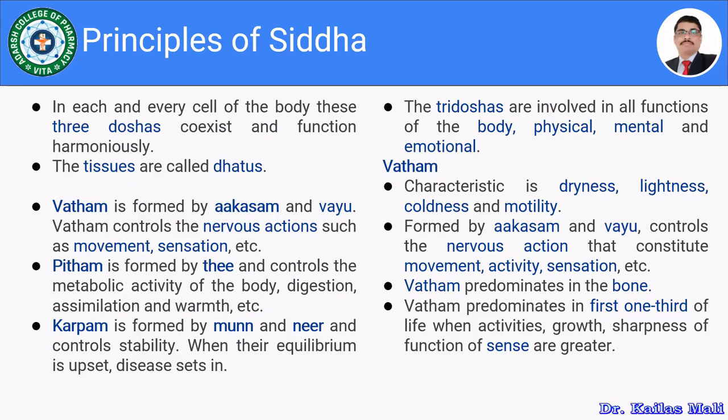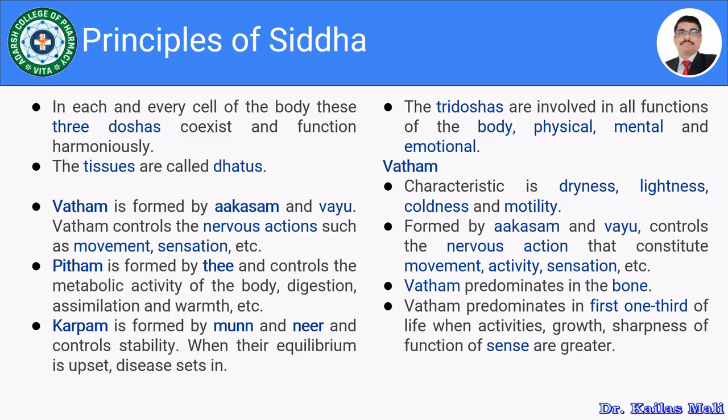The tissues are called Dhatus. We are going to discuss the three doshas in detail. The very first one is Vatam. It is formed by Akasam and Vayu. Vatam controls the nervous actions such as movement and sensation.